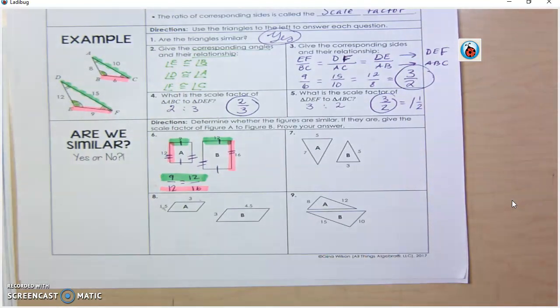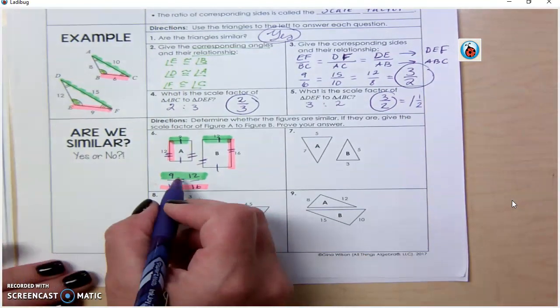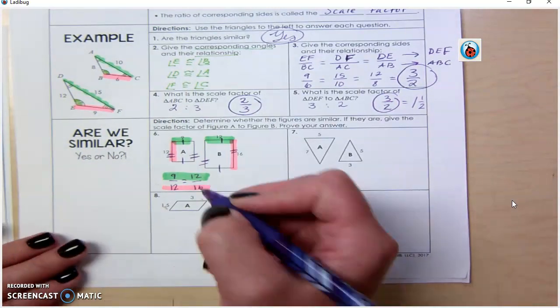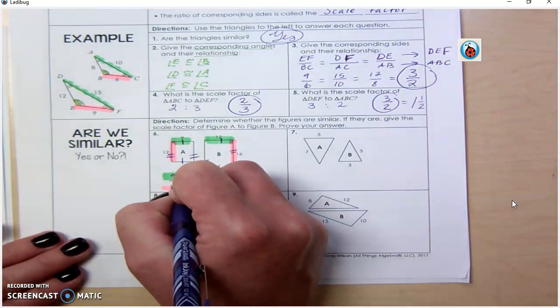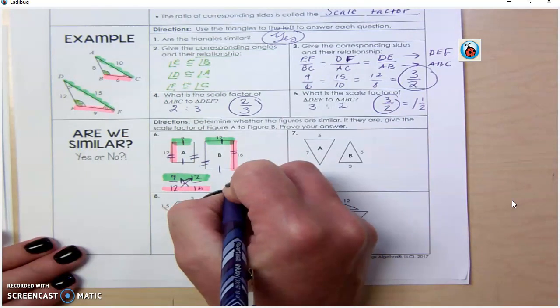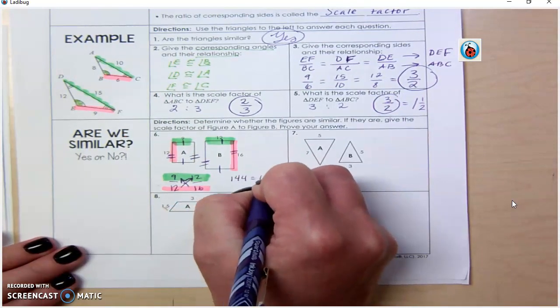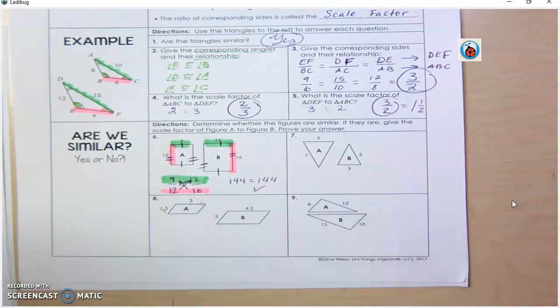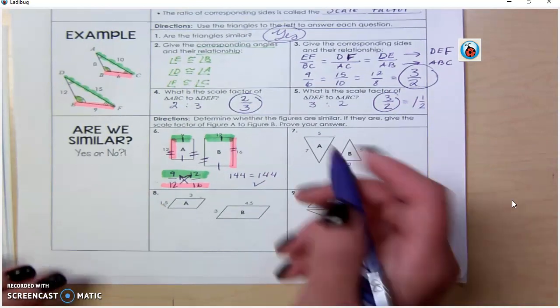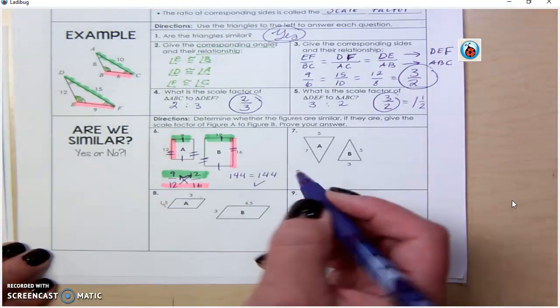So it won't matter where you're placing it. They just have to match up in that way. All right, I'm going to find my cross products, and I will have 144 as the product of both cross multiplication. So I do have proportional relationship, aka I have similar shapes.